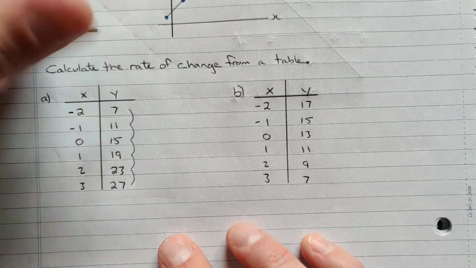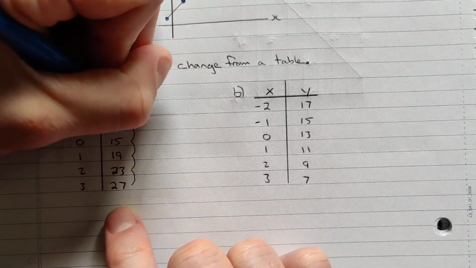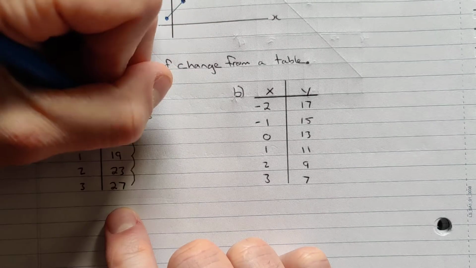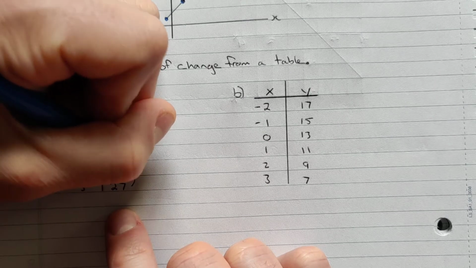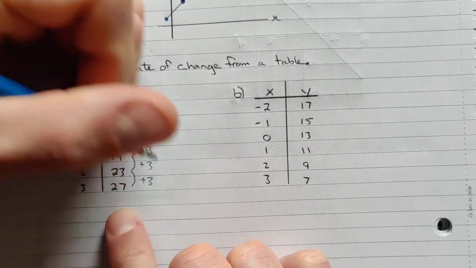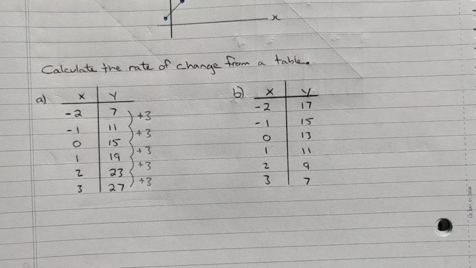When we hop from one point to the next, we're increasing, in this case, +3. And then +3, +3, +3, and +3. So those hops, those illustrate our change in the y value.